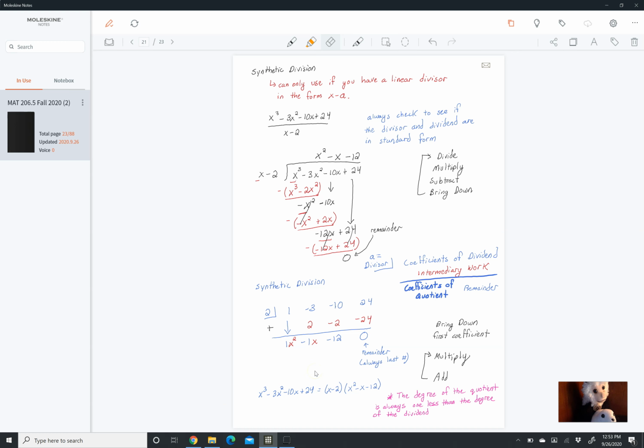Let's do this with a couple of them so that you see how it works. Let's start with x cubed minus 3x squared minus 10x plus 24, and find the remainder when we divide by x minus 2. You can always find the remainder by doing synthetic division, but this is actually a much easier process.